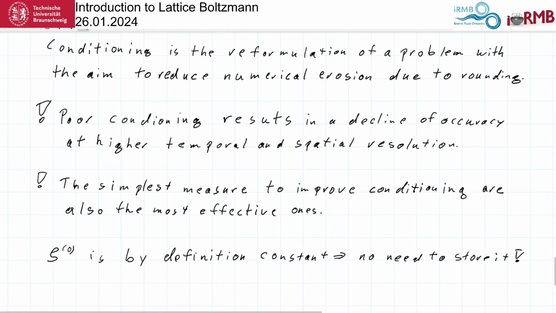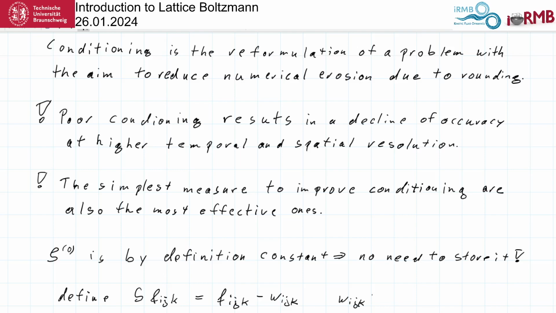Okay, so what we do is we define delta Fijk as Fijk minus Wij, where Wij are the lattice weights.